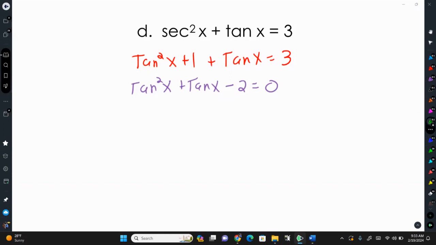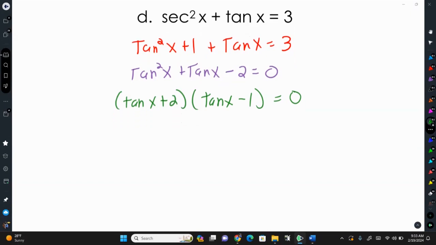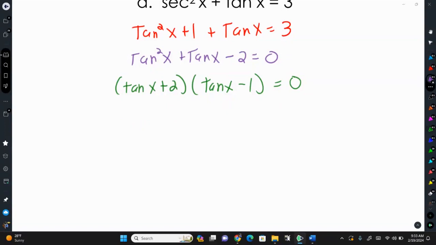So then we factor that. Tangent x plus 2, tangent x minus 1, because positive 2 and negative 1 add up to positive 1 and multiply to negative 2. So then I have tangent x plus 2 equals 0 and tangent x minus 1 equals 0.